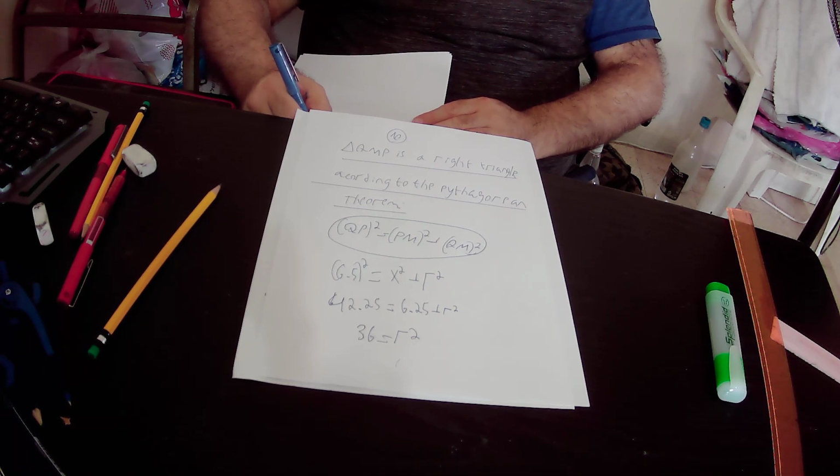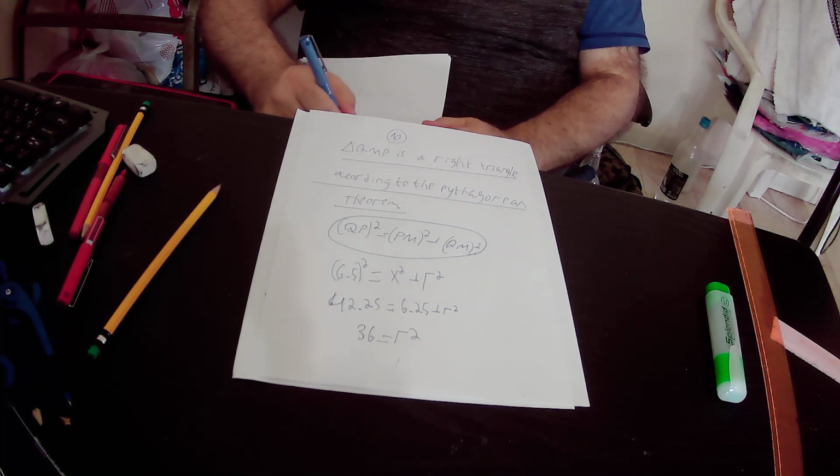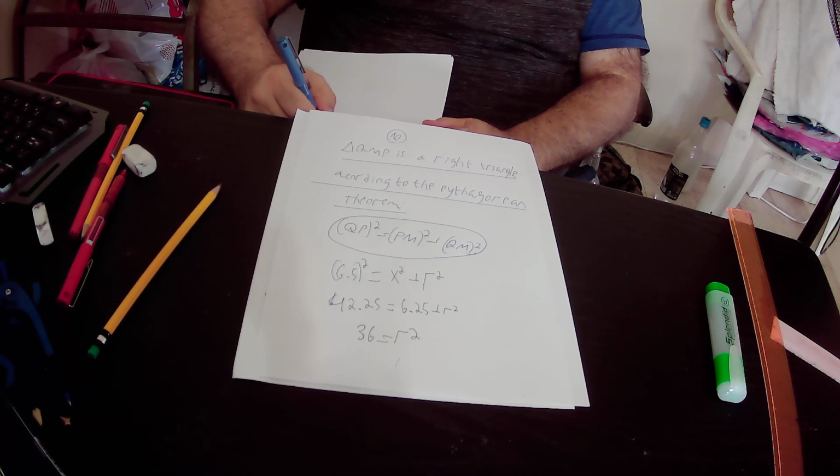In the next step, we will take a root out of this equality, and we will get that r equals the root of 36. The root of 36 is 6 units.